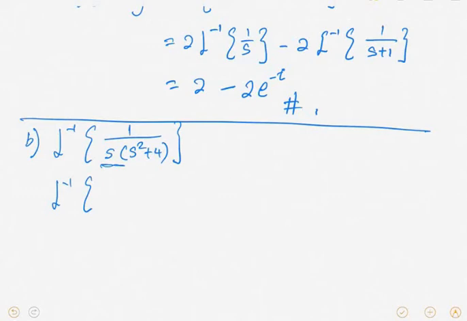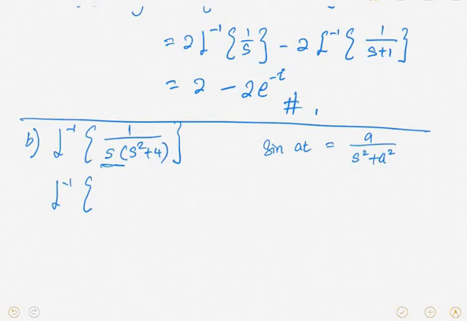What is the Laplace transform for, let's say, s squared plus something? It should be about sine. Do you still remember what is the sine? Sine at is a over s squared plus a squared, right? So we have a is about 2. 2 to the power of 2 is 4, so a is 2.